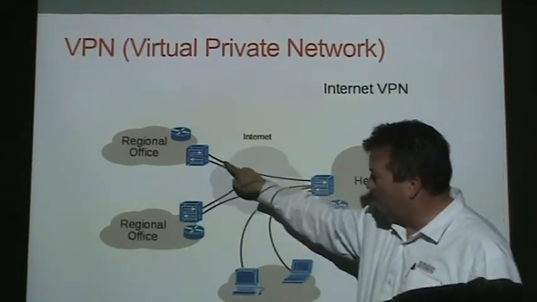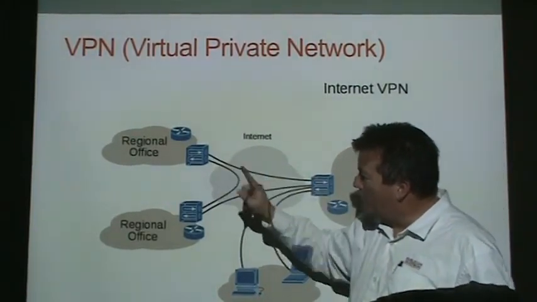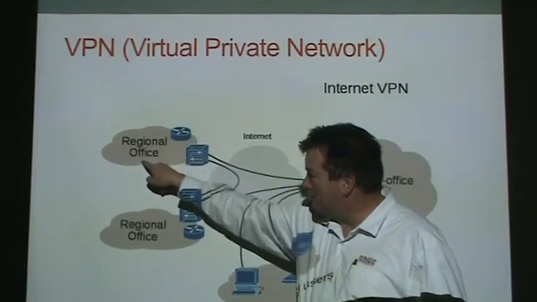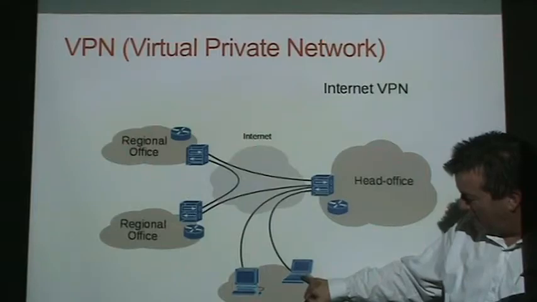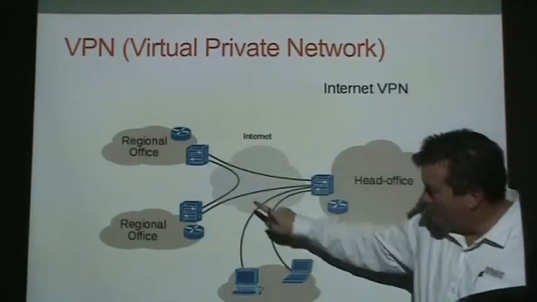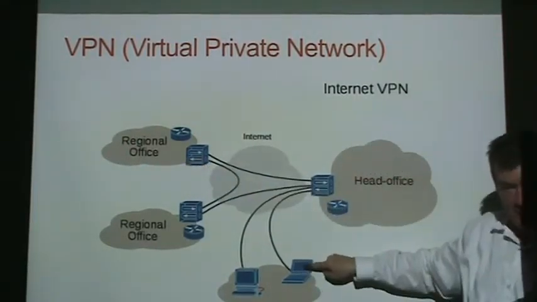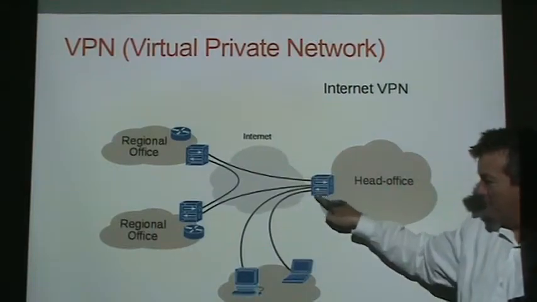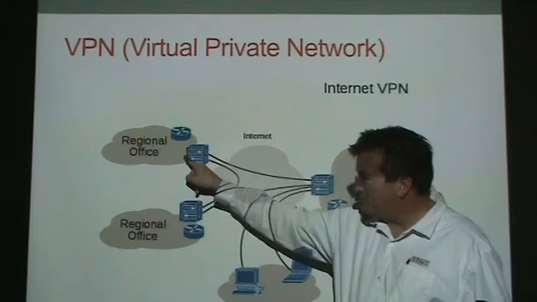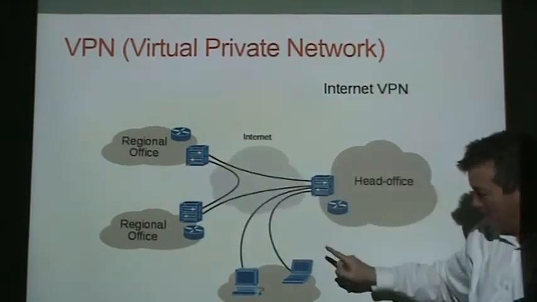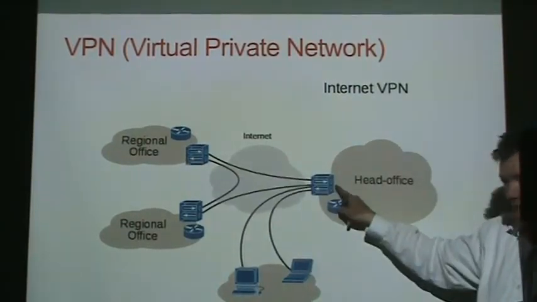Let's say we wanted to send a message to here. From the point of view of this regional office, the person receiving this message is not going to see this IP address. It gets translated at the VPN. So as far as this person is concerned, the sender is located in this office.